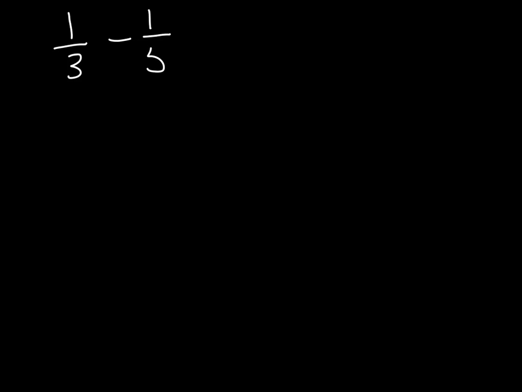1/5 from 1/3. And I would like to encourage you all to work along with me and please practice making your work neat and organized so that when we take the test, I can look at it and easily see how you're thinking.